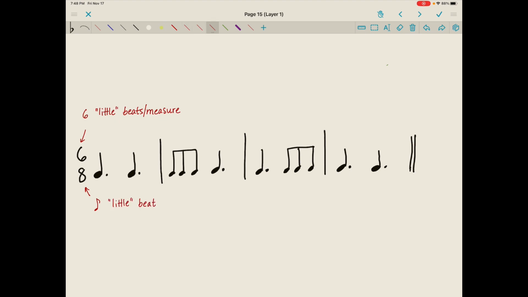Instead of going to a note value pyramid right now, I'm just going to try to figure out what our dotted note value or big pulse note will be. I've drawn out 6 eighth notes. I know that in compound time signatures, our big beat or pulse note will be a dotted note value.